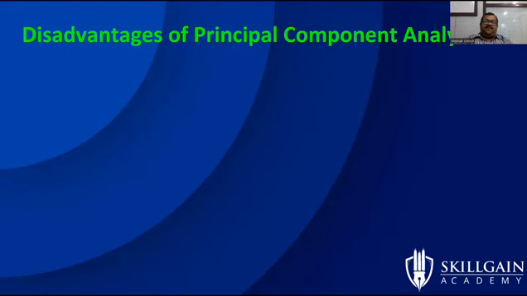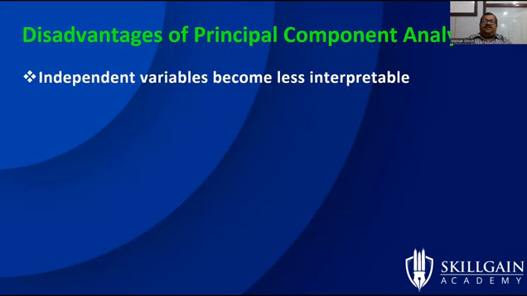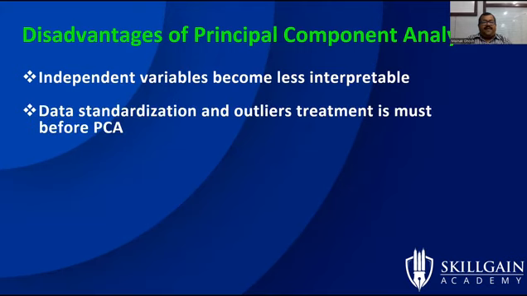On the contrary, what are the disadvantages of principal component analysis? Independent variables become less interpretable because for model building, we are not using those features alone. We are using their linear combinations. So those features cannot be interpreted individually. They are interpretable in terms of their linear combinations.